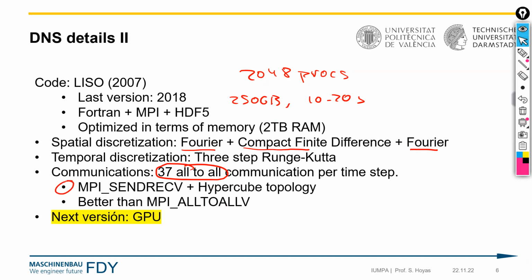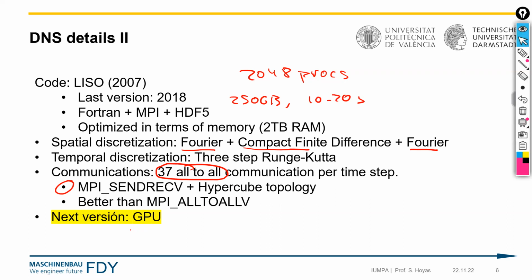We made an MPI send-receive routine using a hypercube topology that works a bit better than the MPI all-to-all that is implemented in SuperMUC. We tested this in one workshop many years ago. And for the next version, I heard you asking this to the previous presenter, I think that we have to move to GPU.